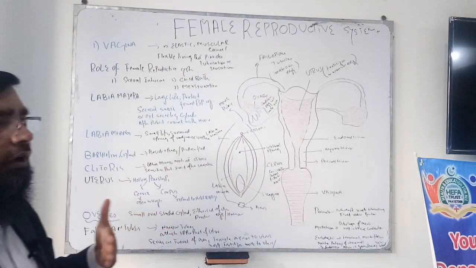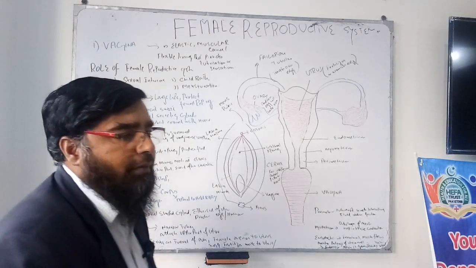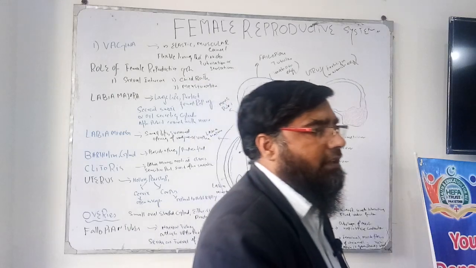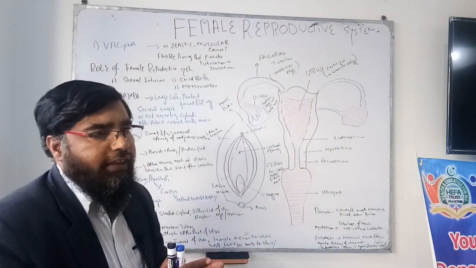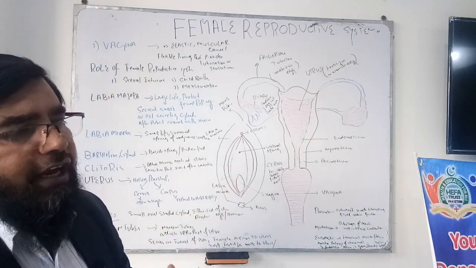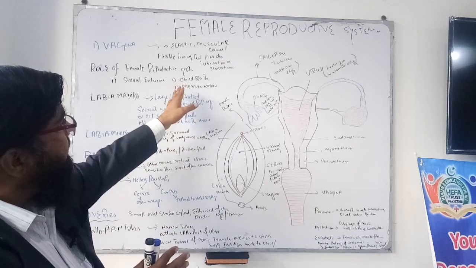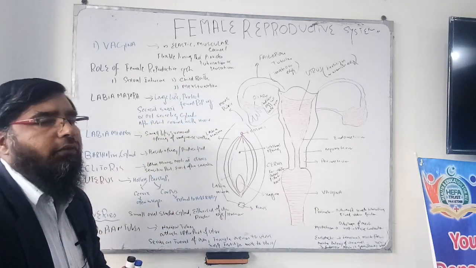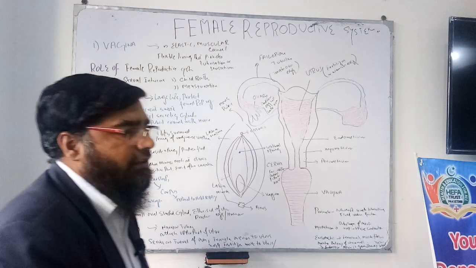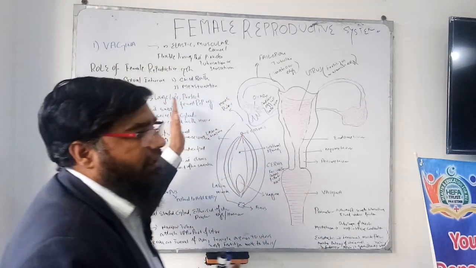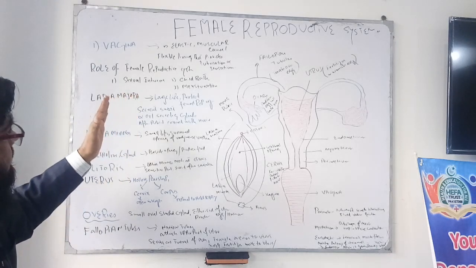Then the second role is childbirth, because the muscles of the vagina relax, dilate and contract. And the third role of the female reproductive system is menstruation. So these are the three roles of the female reproductive system.